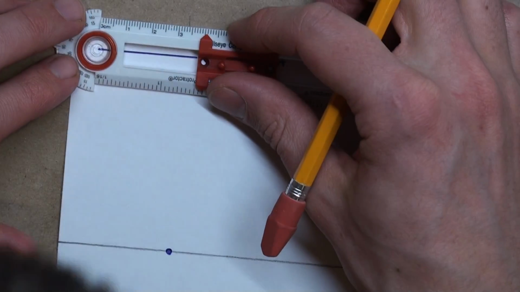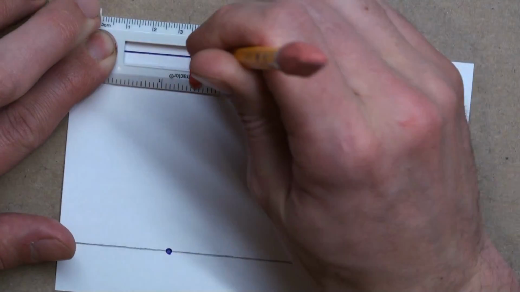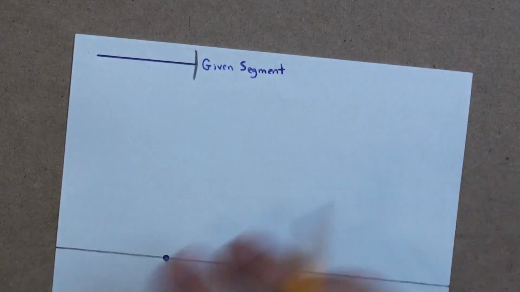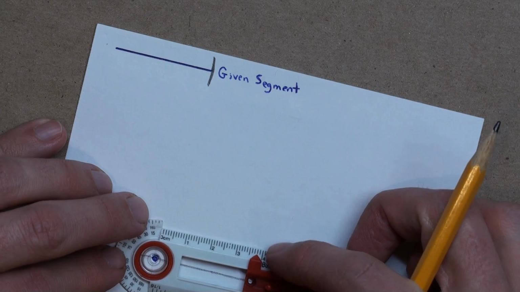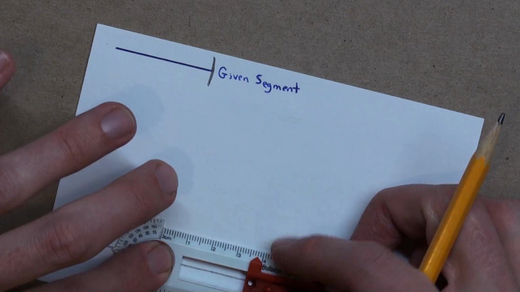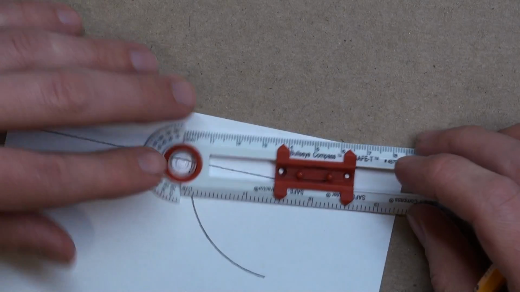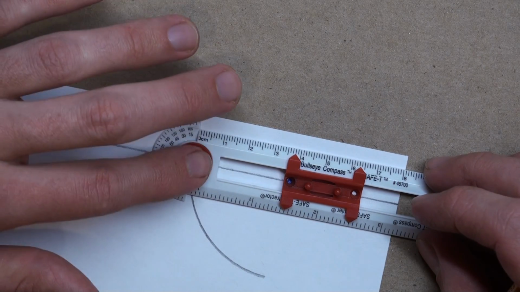Now I measure the segment with my compass, and I put a little arc here to show that I measured it. Okay. And I put an arc like that. And then I go from this side and I do the same thing.